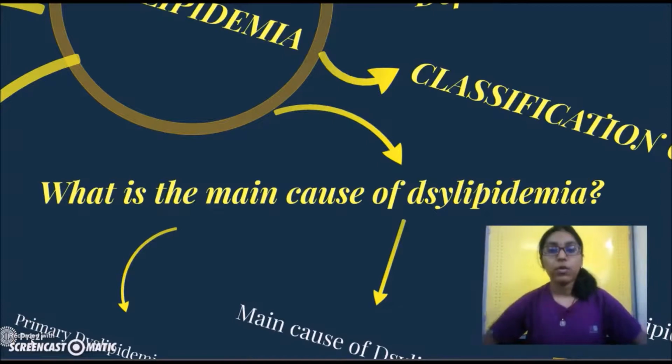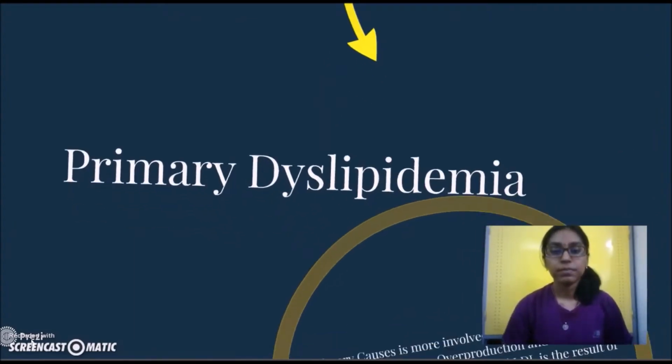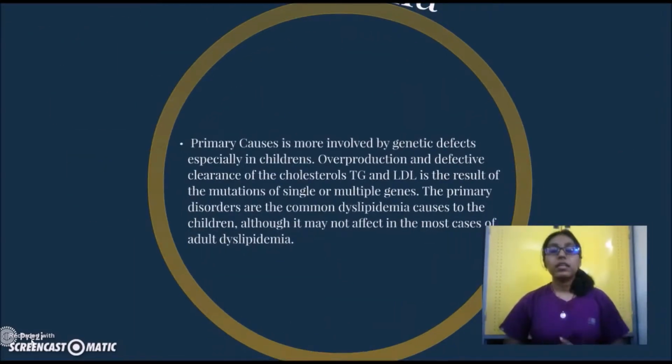Next, we're going to talk about the main causes of dyslipidemia. There are two types of dyslipidemia, primary dyslipidemia and secondary dyslipidemia. The primary dyslipidemia is more involved with genetic defects, especially in children.